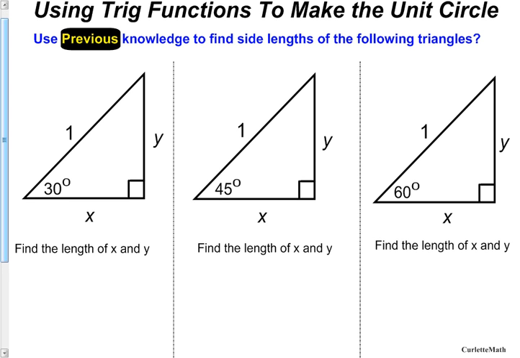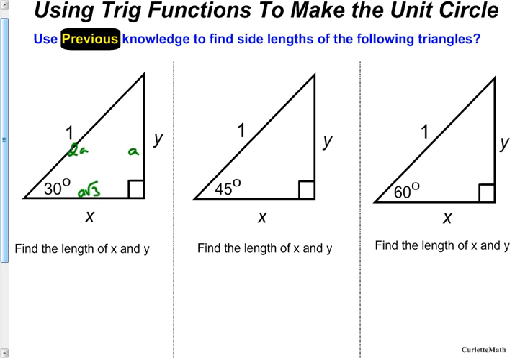Now, do we remember how to solve a 30, 60, 90 triangle by the ratio of the side lengths? Remember, when we talked about ratio of side lengths, we had 2a, a square roots of 3, and a.